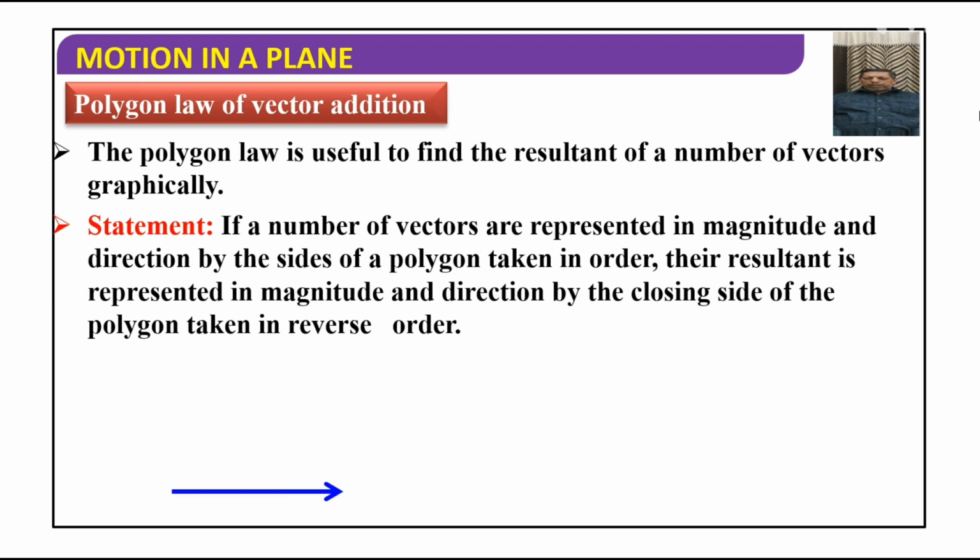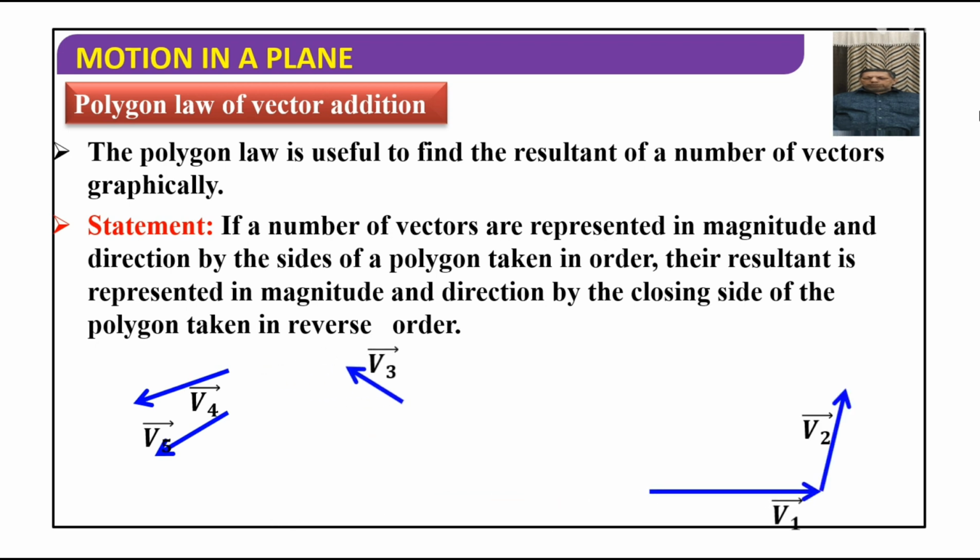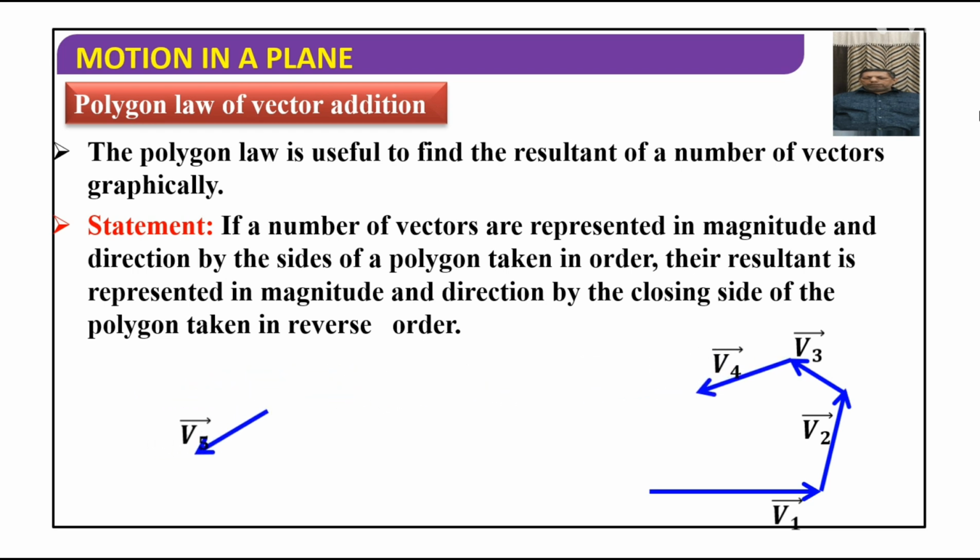Now this is V1 vector, this is V2 vector, this is V3 vector, this is V4 vector, and this is V5 vector. Now arrange them. Vector V1, vector V2, vector V3, vector V4, vector V5, and vector V gives the resultant of all these vectors.